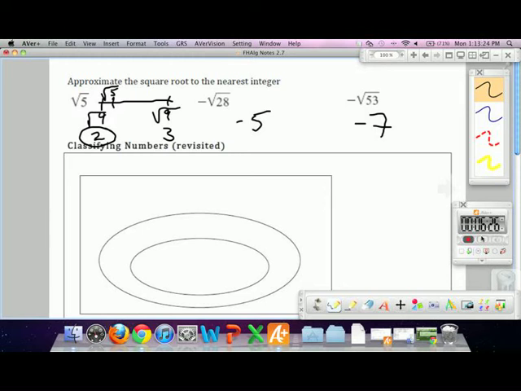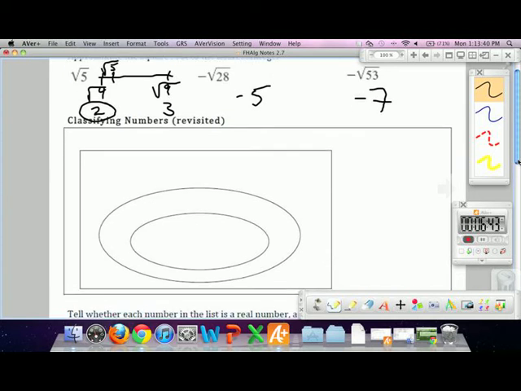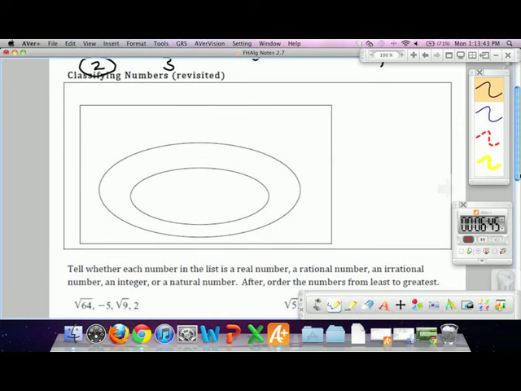Natural numbers. The innermost workings were the natural numbers. And natural numbers were counting numbers. They were numbers that you could count on your fingers and toes. They are positive whole numbers.